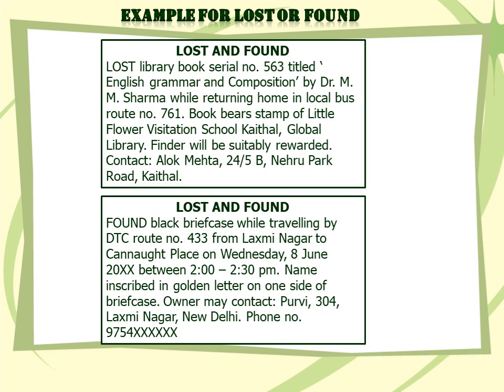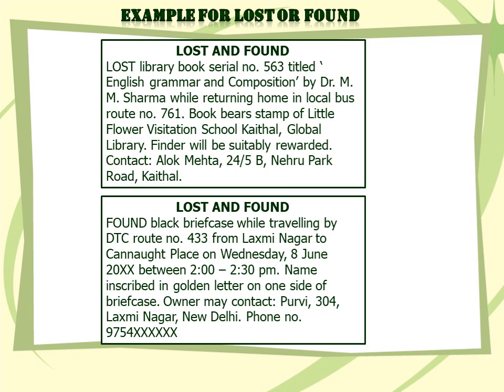And in the next example, we again give the class lost and found and begin with found black briefcase while traveling by DTC route number 433 from Lakshmi Nagar to Connaught Place on Wednesday, 8th June between 2 to 2:30 p.m. Name inscribed in golden letters on one side of the briefcase.